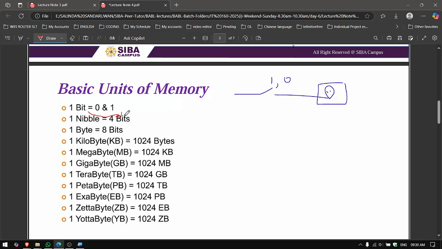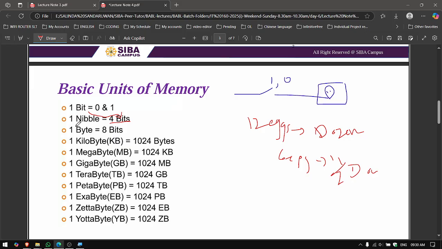A group of 4 bits is called a nibble. It's like 12 eggs. We call it a dozen. 6 eggs, we call it half a dozen. Like that, a group of 4 bits is called one nibble.